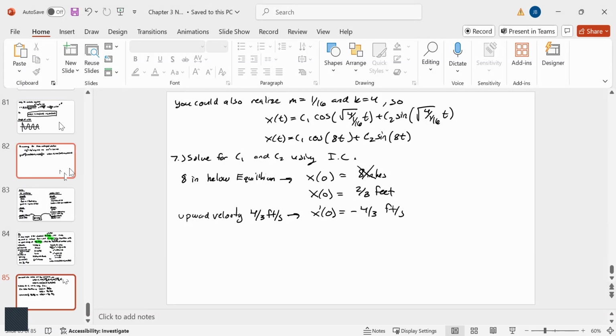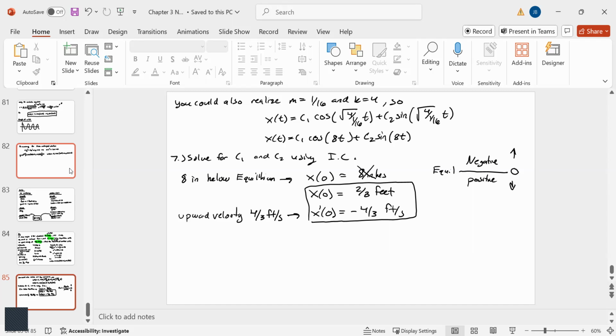Remember, at the very beginning, I said anything below equilibrium is positive, anything above equilibrium is negative, and going upwards is negative and going downwards is positive. So if this is equilibrium, then this is negative, and then this is positive, and that's zero. So that's why. You just got to understand that that's how we define it. So we have our initial conditions right here.